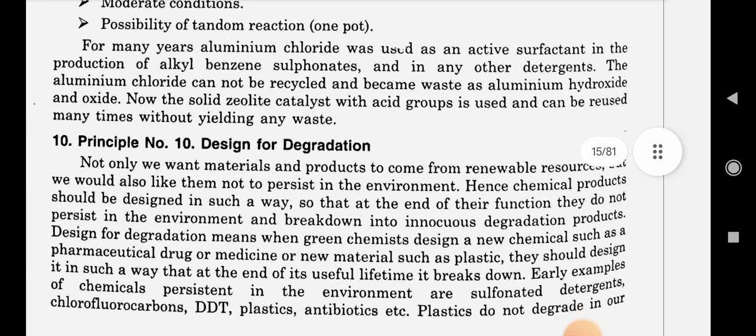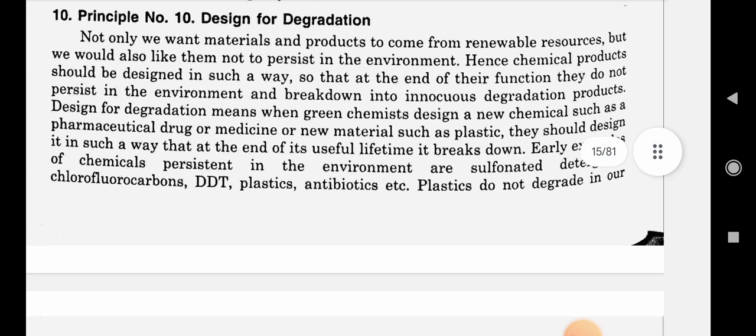Design for degradation. Not only do we want materials and products to come from renewable resources, but we would also like them not to persist in the environment. Hence chemical products should be designed in such a way that at the end of their function they do not persist in the environment and break down into innocuous degradation products.